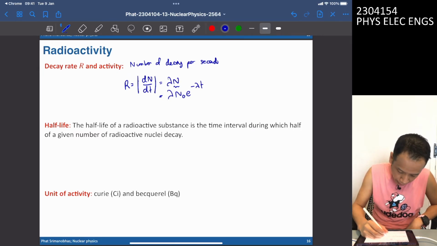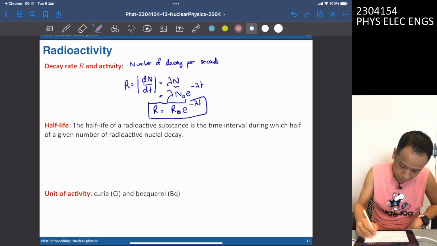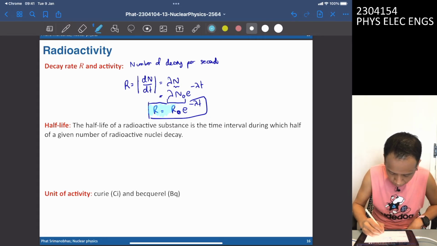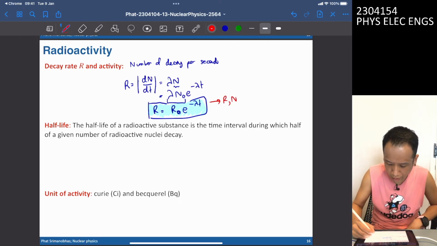We call lambda N0 as R0. So we finally get the activity equal to the initial activity times e to the power of minus lambda t. Then we can see that both R and N decrease exponentially.